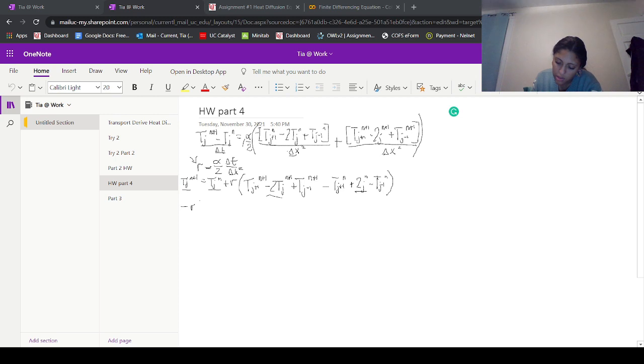And so we get a negative temperature at J, n plus 1. And so if you're subtracting, wait a second. Ah, okay, now I see. At position J plus 1, because you're subtracting on that side.